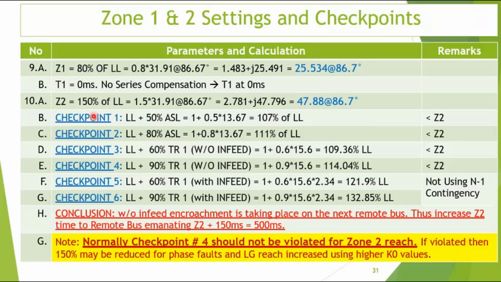Now checkpoint 1, the line length plus 50% of adjacent shortest line. Now we have an adjacent shortest line impedance very low. The adjacent shortest line impedance was 13.67 ohms. Why was it 13.67?